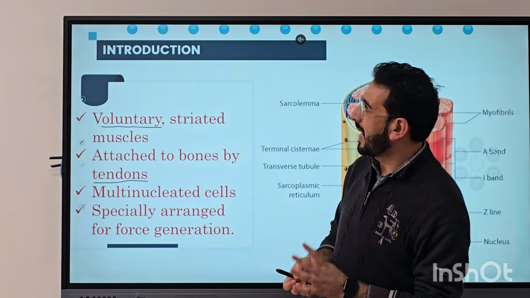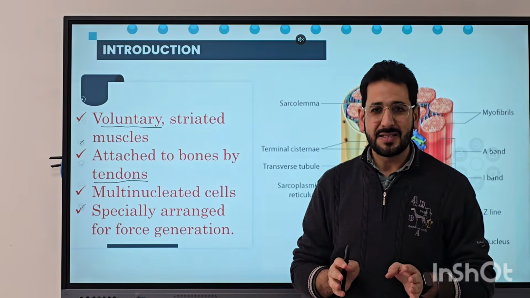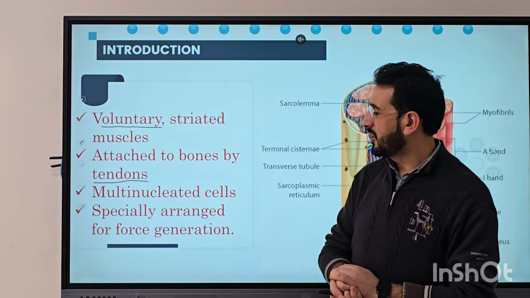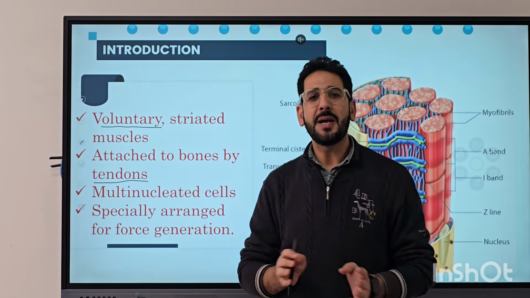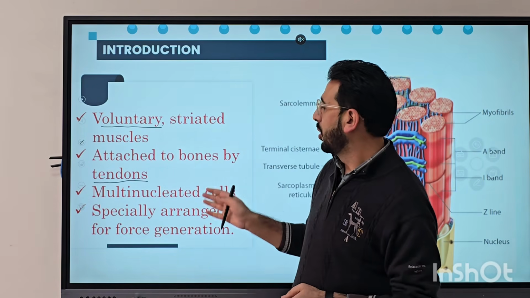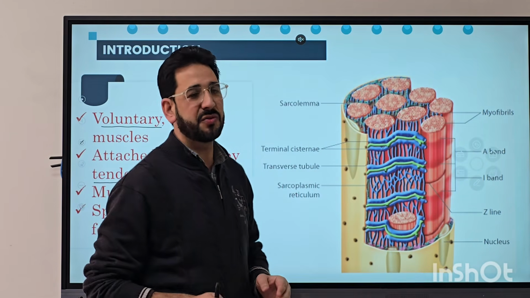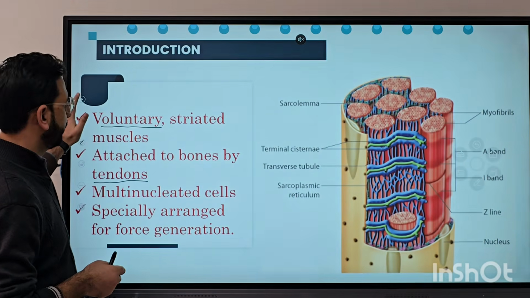So these skeletal muscles are multinucleated cells. And the last thing you have to understand in the introduction is that these skeletal muscles are specially arranged for force generation. We will talk about all these things in the lecture.